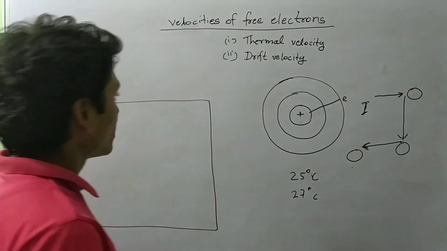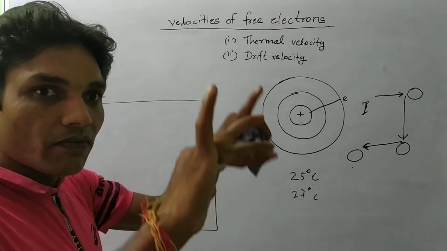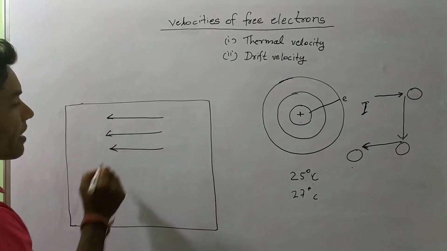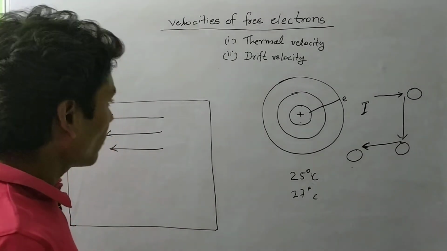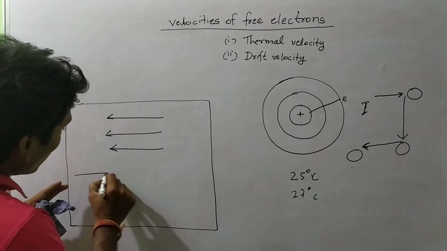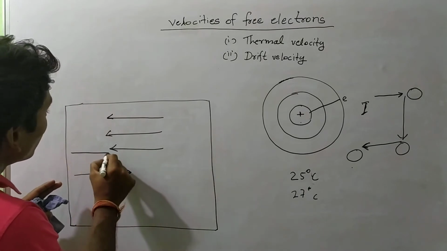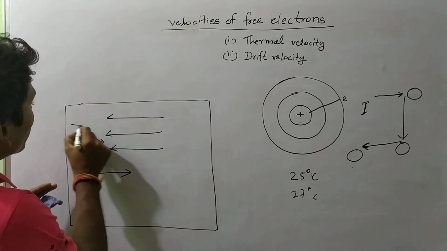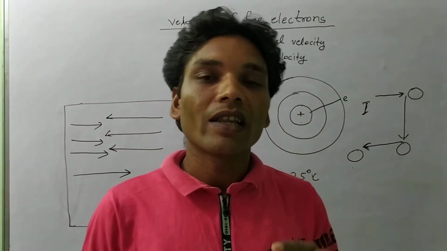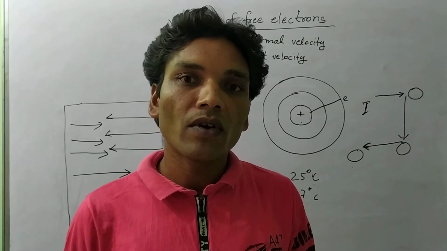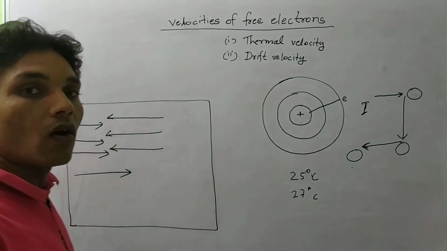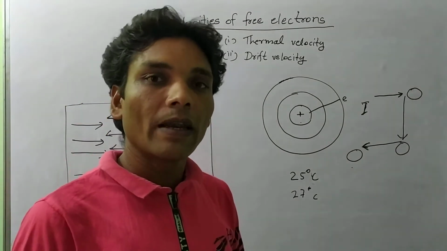Now some of these free electrons can move along this direction, in parallel. Some of these free electrons can move opposite to these electrons, because the speed of each electron will be the same at constant temperature. So the speeds of all the free electrons will be equal.